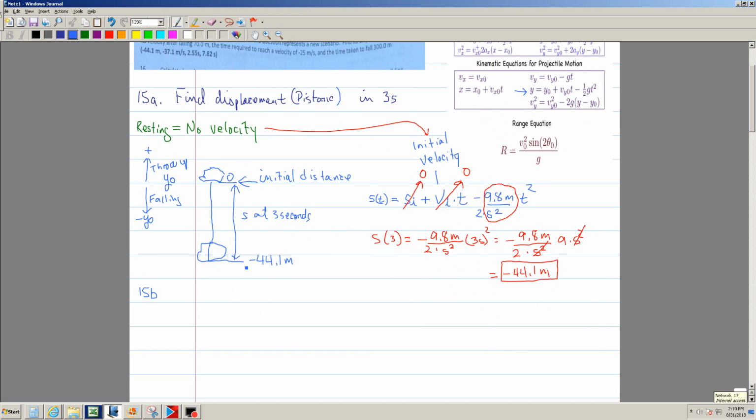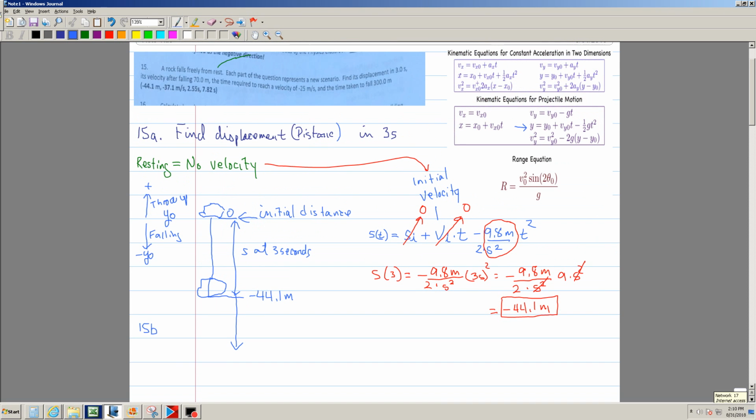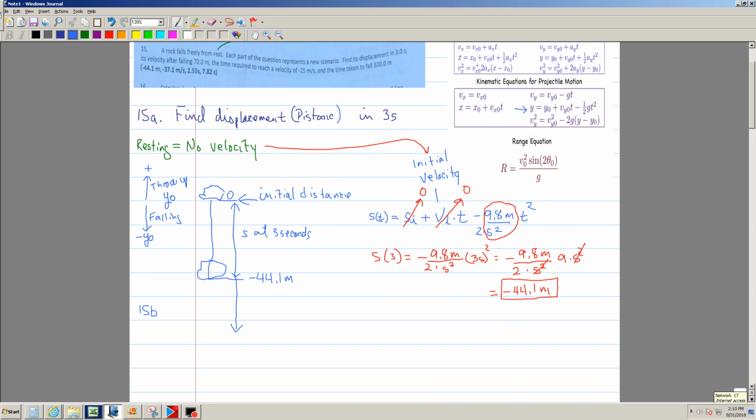Now they want it to continue falling, and they want the velocity at 70 meters.